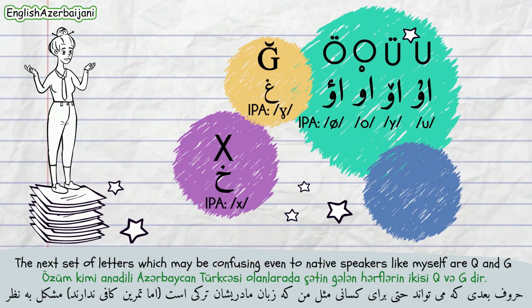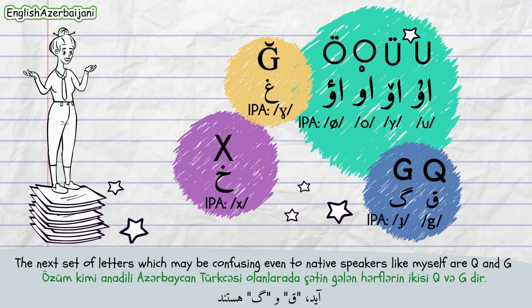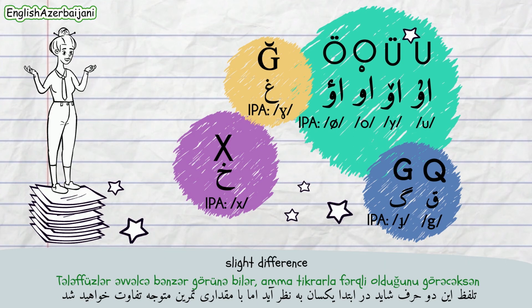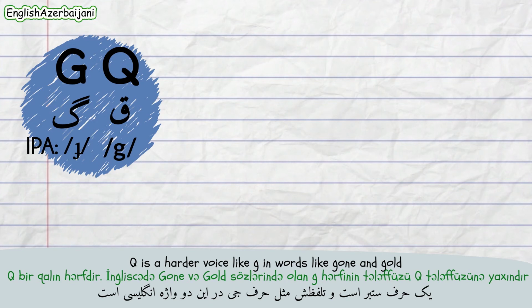The next set of letters, which can be confusing even to native speakers like myself, are G and G. The pronunciations may seem similar at first, but with practicing, you will see that there's a slight difference. G is a harder voice, like G in words like gone and gold.